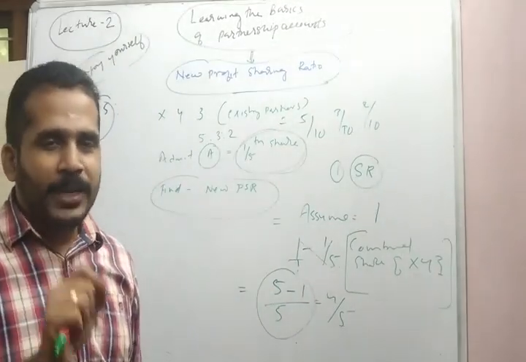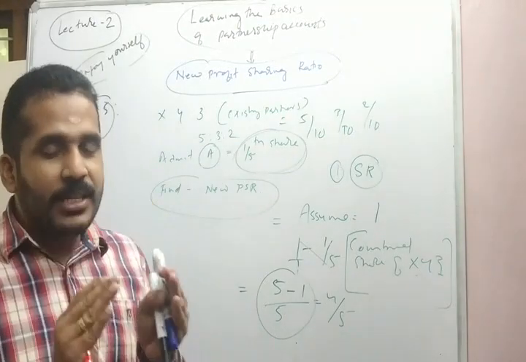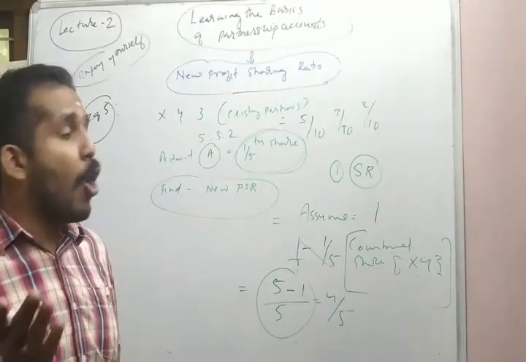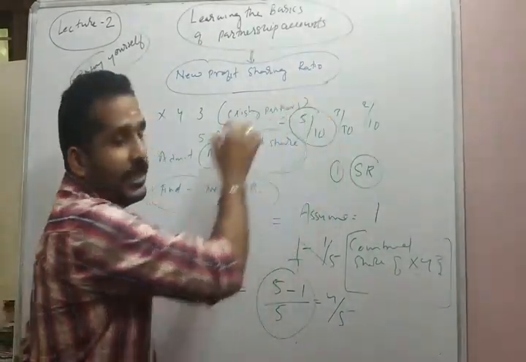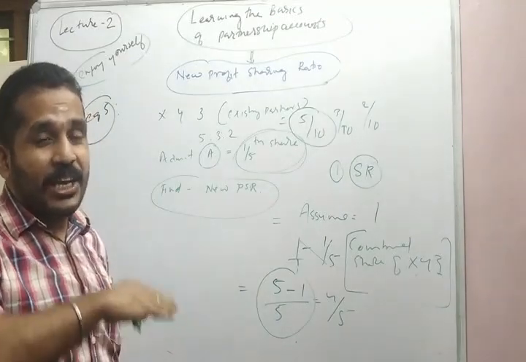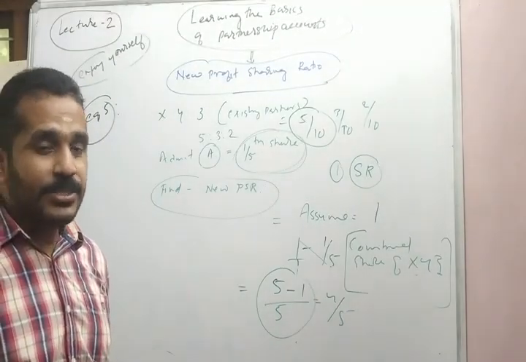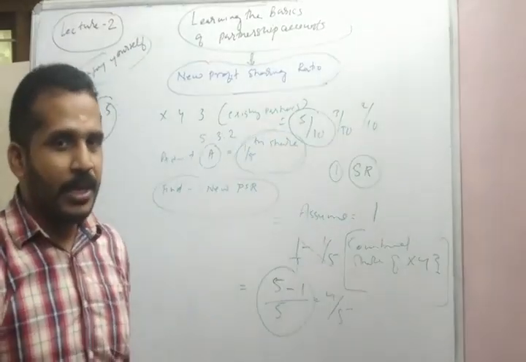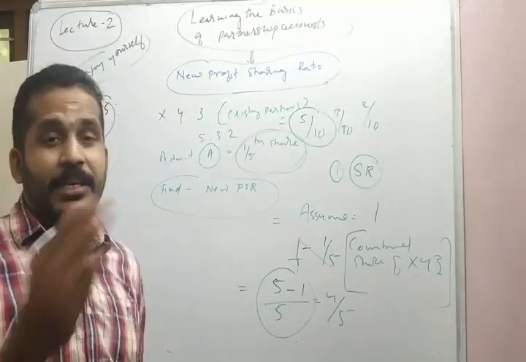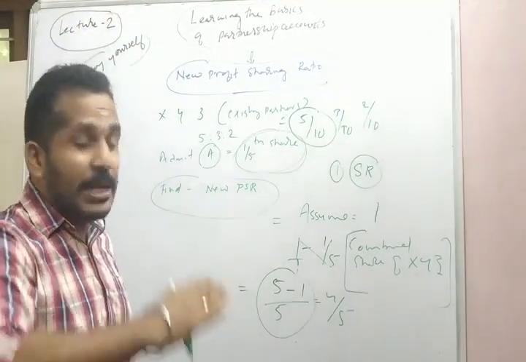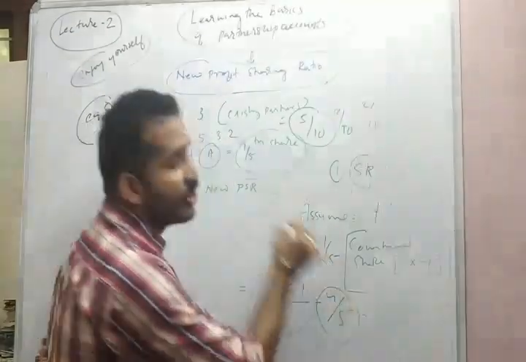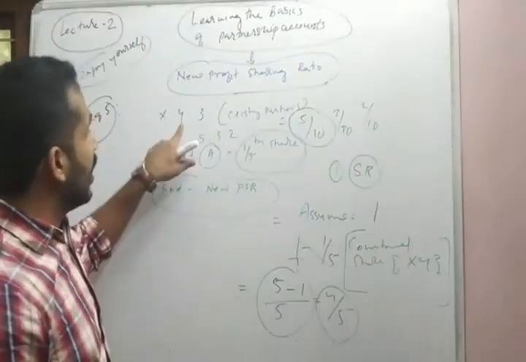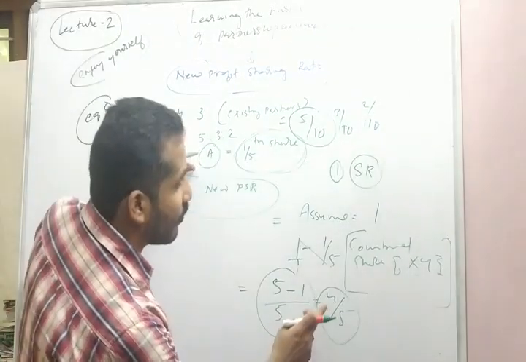Let us make the conceptual aspects clear. Out of the old share of X, 5 by 10, he has sacrificed some part and the remaining part is 4/5 of 5 by 10. Out of the 3 by 10 old share of Y, the remaining part is 4/5.